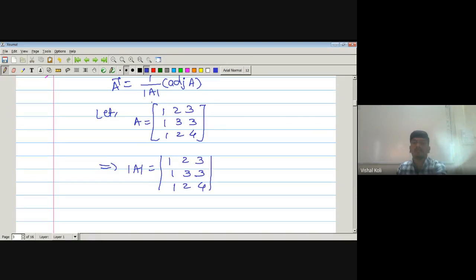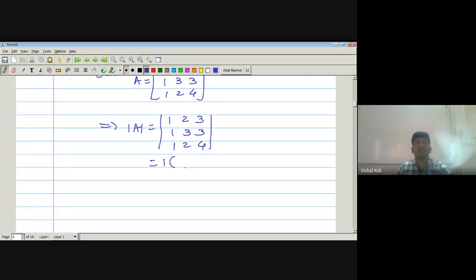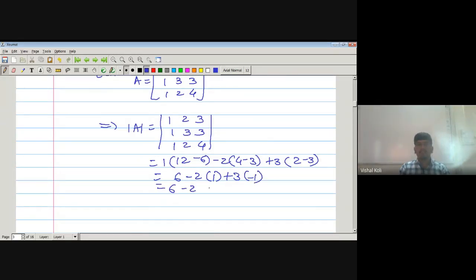Now its determinant can be calculated as 1 into its minor, that is 4 into 3, 12 minus 6, minus 2 into (4 minus 3), plus 3 into (2 minus 3). This is equal to 12 minus 6, 6 minus 2 into 1, plus 3 into minus 1, which is equal to 6 minus 2 minus 3, which is equal to 1.